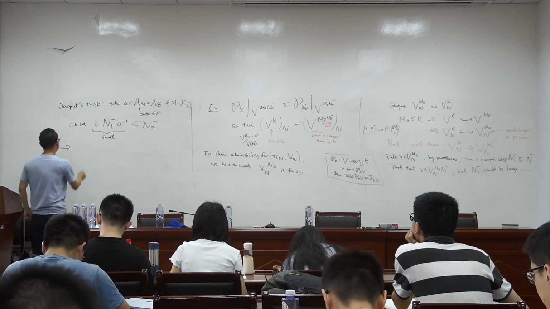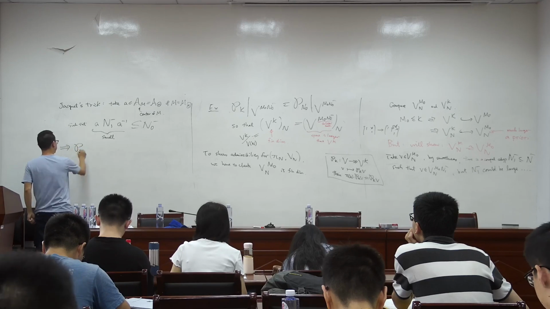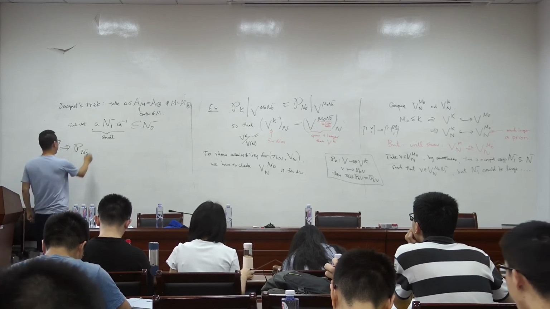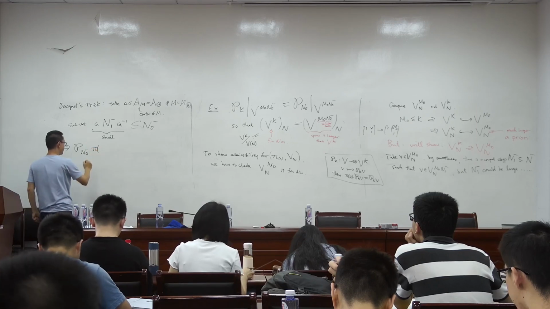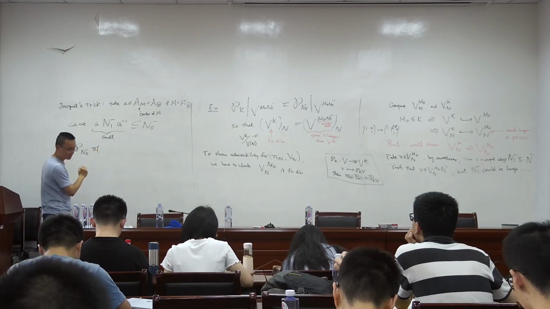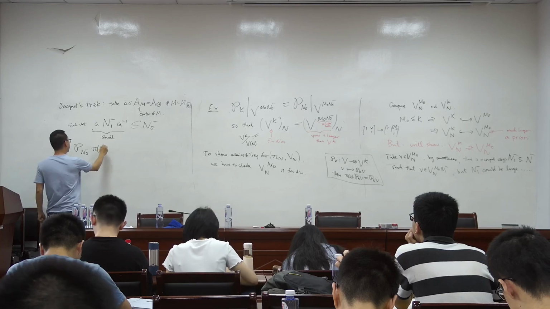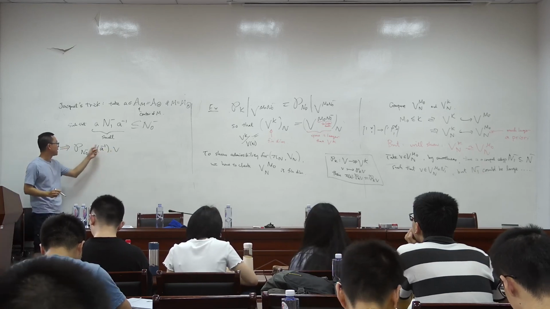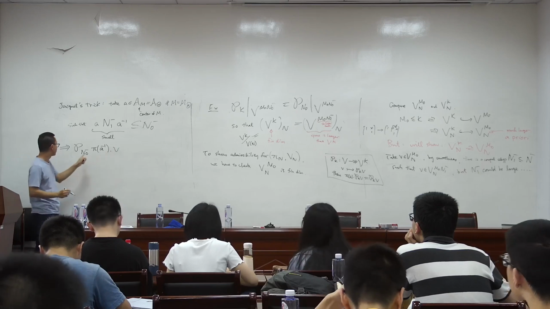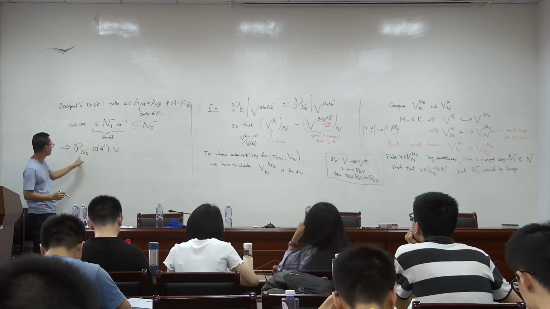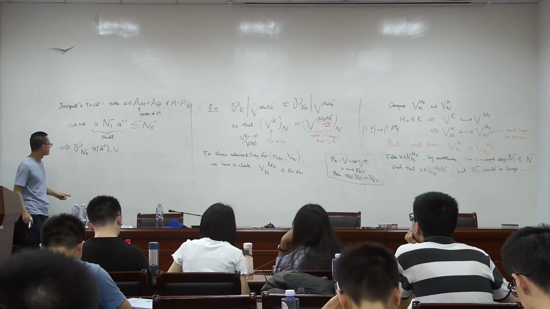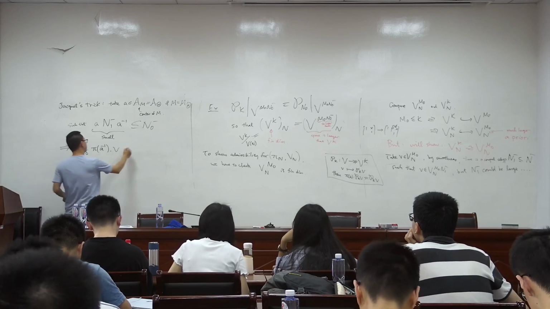Then you get, okay, so we consider this fact. A inverse of V. So what I do is I let A inverse act on V, and I project it to the N0 minus fixed point space. So what happened?